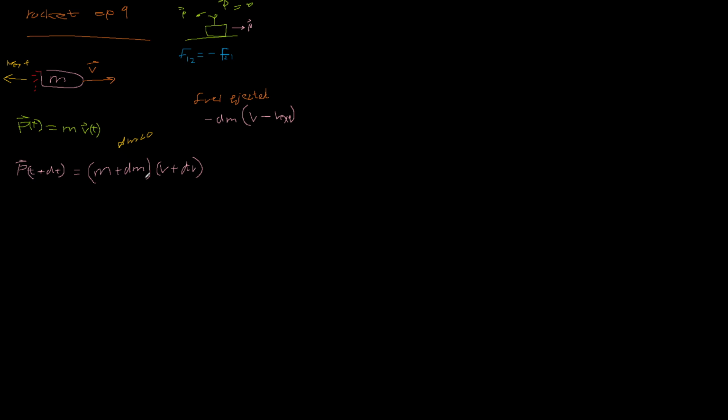And our change in momentum, dp, which we know is 0, is going to be p at t plus dt minus p. We can move this through with FOIL. So FOIL this through. Actually my bad, this is not a plus, this is a minus p.